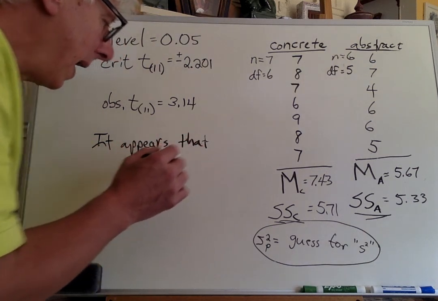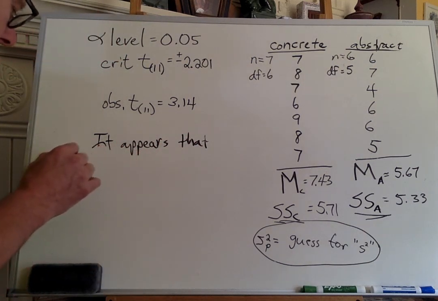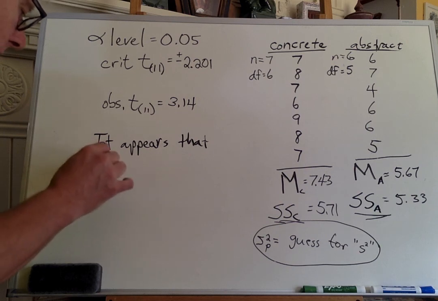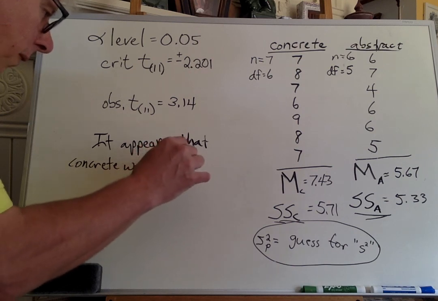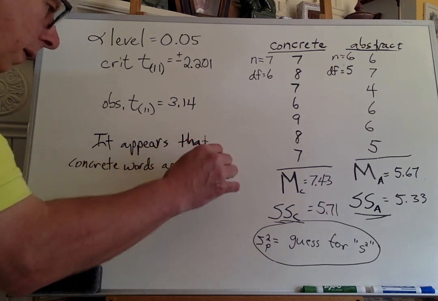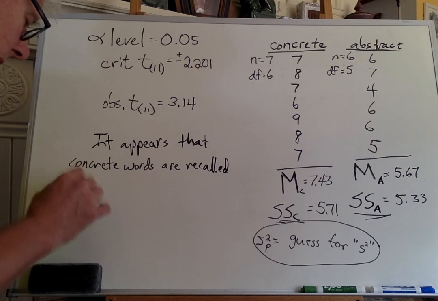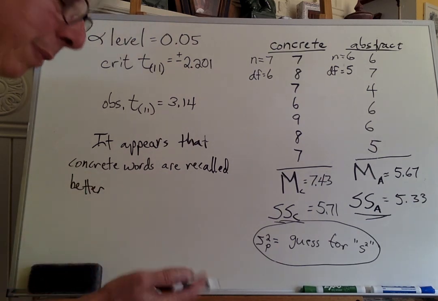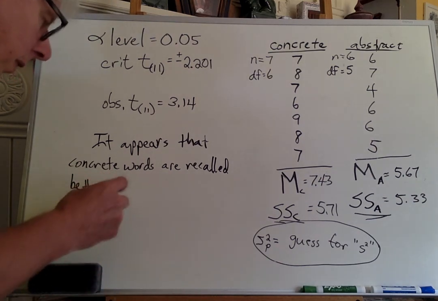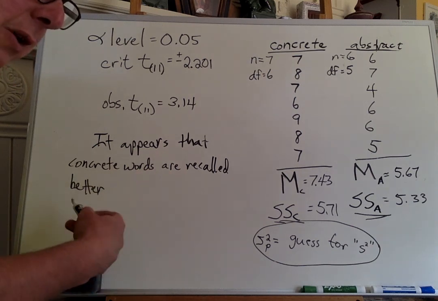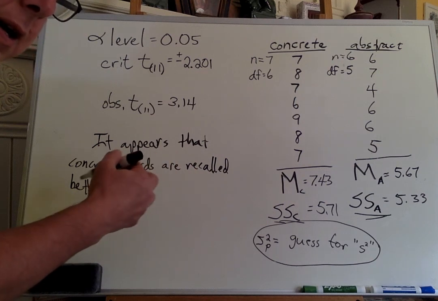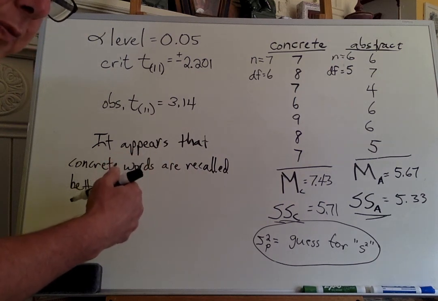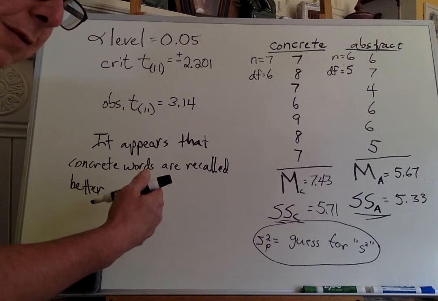It appears that concrete words are recalled better, I guess. Is that what we want to say? Are recalled better. Or subjects recall concrete words more, or something like that. There's no sort of correct verbiage.